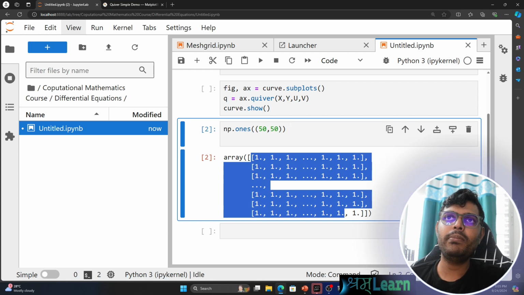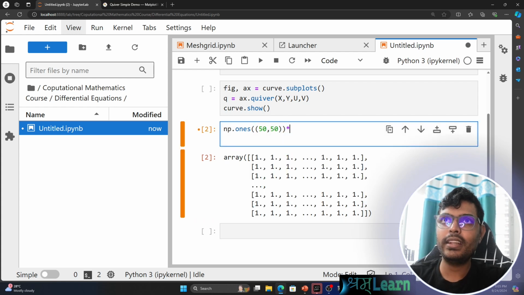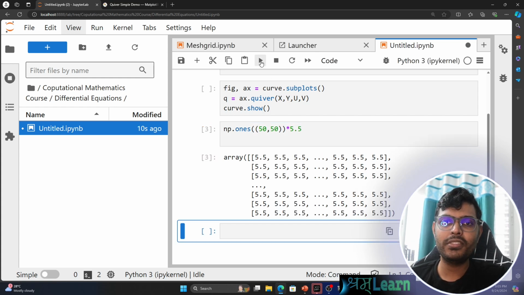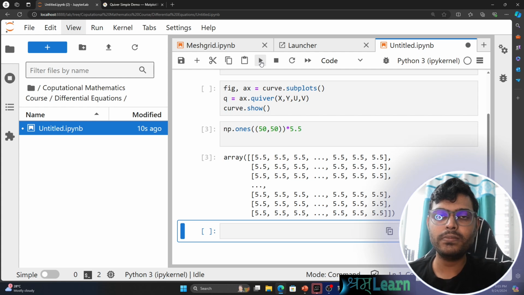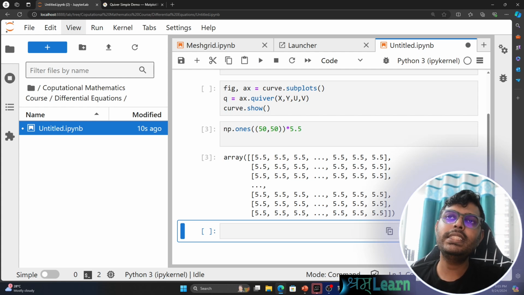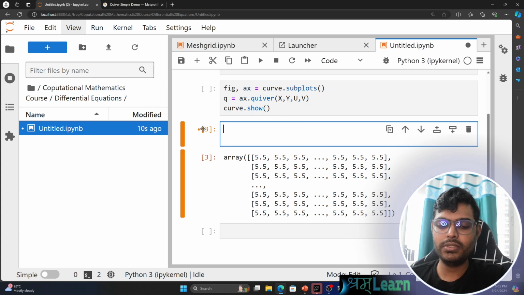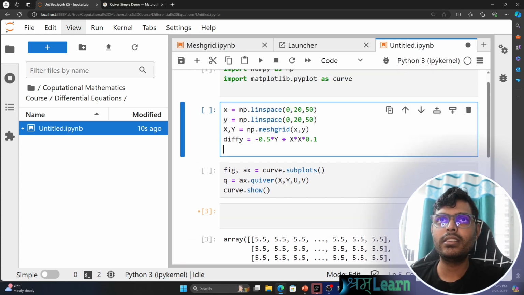And if I multiply with, let's say, 5.5, just to show you, everything will become 5.5. Is that correct? Okay, so this matrix is of interest to us. I'll tell you why.